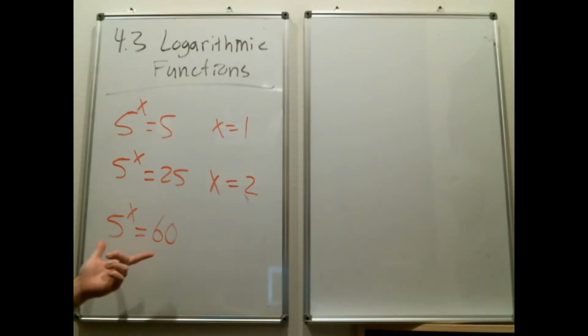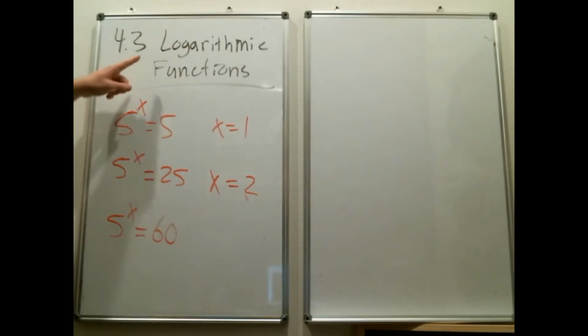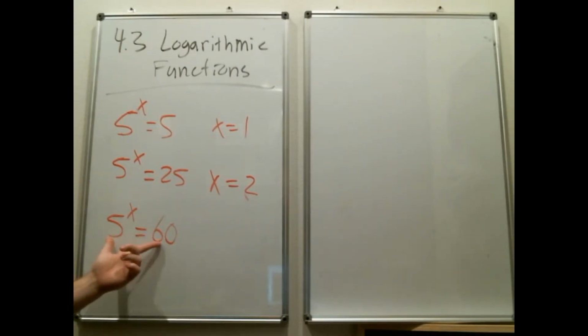And the way we get the variable out of the exponent is by using logarithmic functions. So that is where the need for this section comes into play. It's going to allow us to solve this for x.